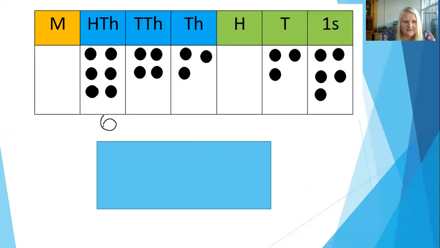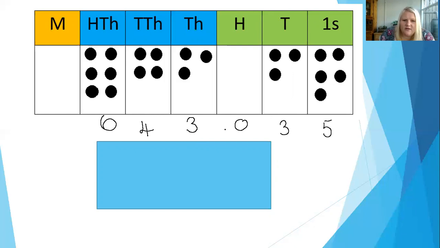We've got 6. Oh, that's a weird 6, isn't it? You get the idea. 6 in the 100,000s. We've got 4 in the 10,000s, 3 in the thousands, nothing in the hundreds, 3 in the tens, and 5 in the ones. So we've now got a 6-digit number, and I'm going to count back here.